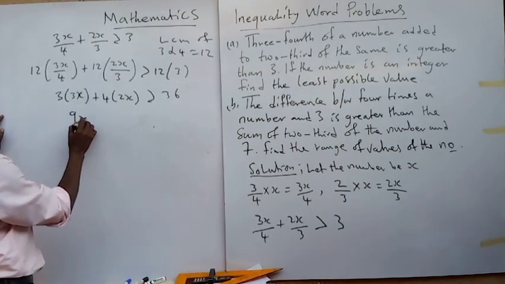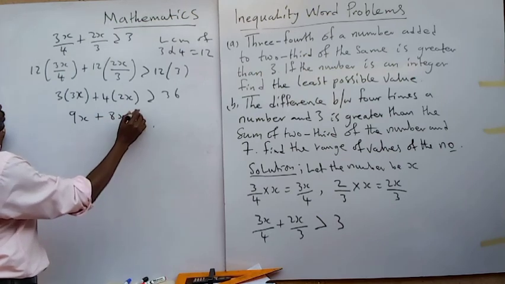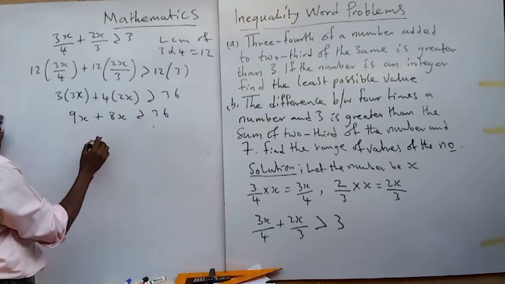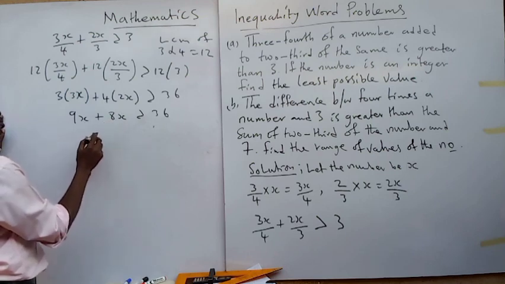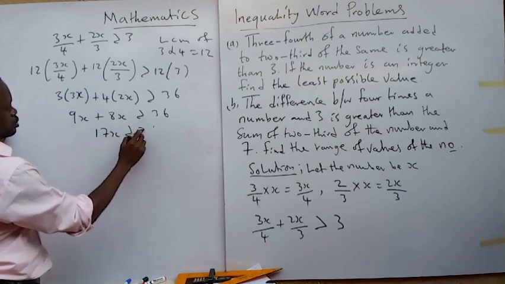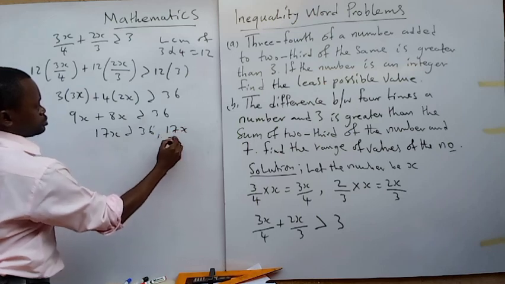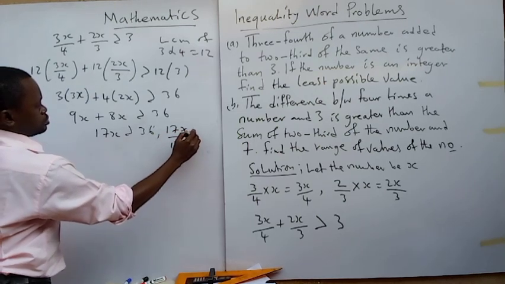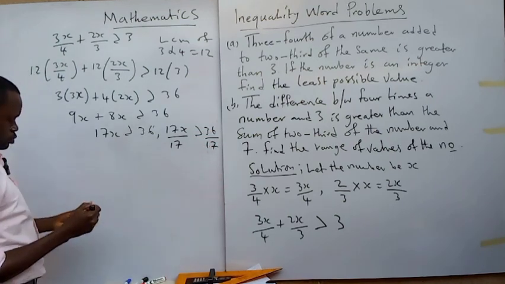We have 9x plus 8x greater than 36. So what do I have here? This and this will give me 9 plus 8, 17x greater than 36. So I will check 17x over 17 greater than 36 over 17. I hope I'm not too fast.